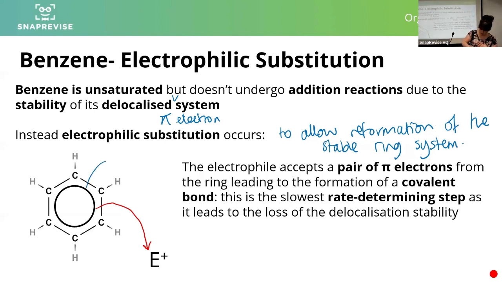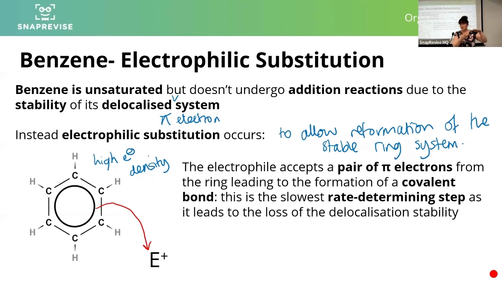So that has high electron density. That's why the electrophile is attracted to it. Electrophiles are electron pair acceptors, and they are attracted to areas of high electron density. That's what electrophile means, so electron loving or negative loving. So an electrophile is attracted to the area of high electron density.